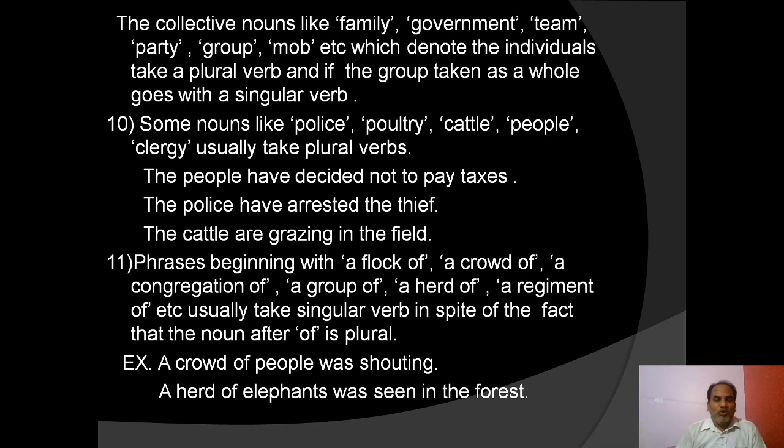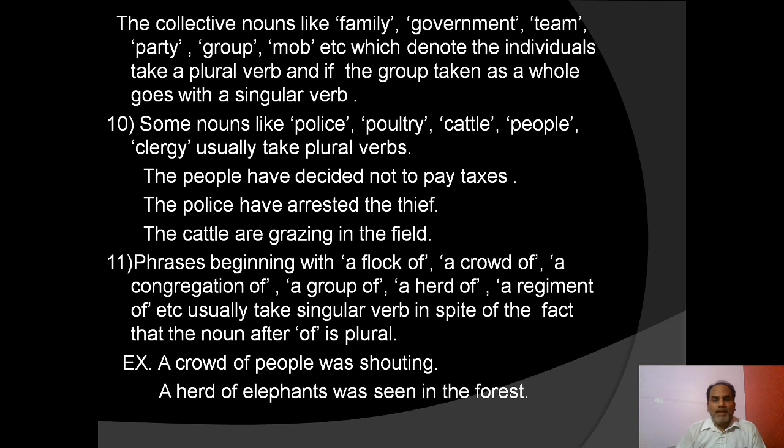A crowd of people was shouting. Some people were shouting. Here people is plural, so the people were shouting. But a crowd of people was shouting. Why? Because the plural noun people is used after a crowd of.